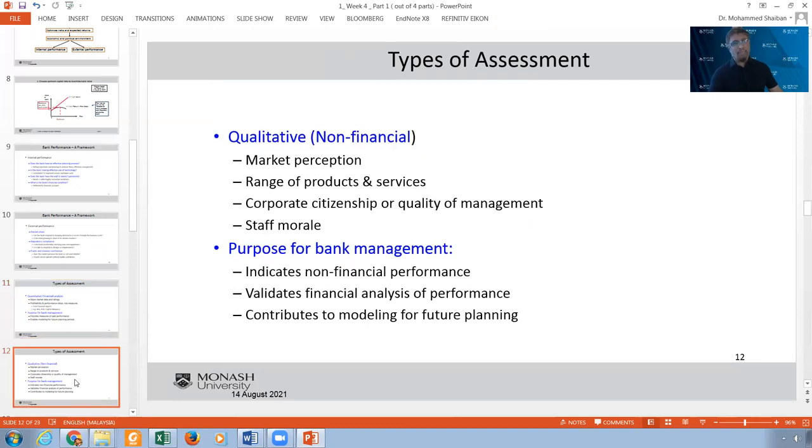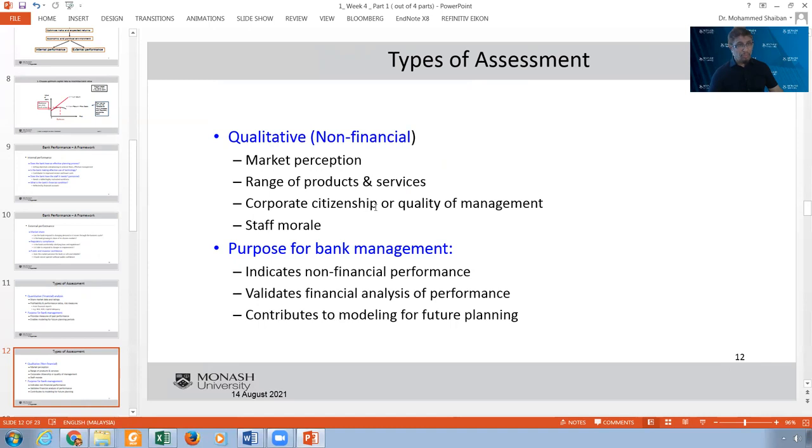Let me look at the qualitative. Now the qualitative is, as you can see, qualitative, which means no numbers: market perception, how many products and services we have. We want to look at corporate citizenship or quality management.